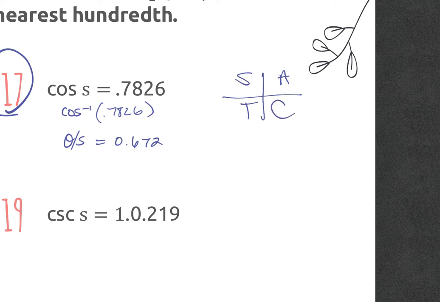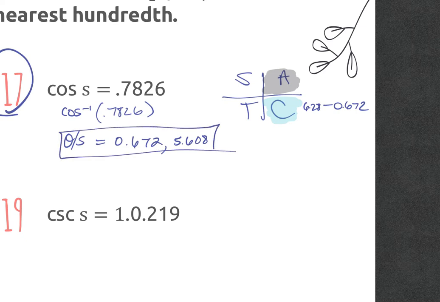Because cosine is positive, we're looking for the angle in the first quadrant, and we're looking for the angle in the fourth quadrant. So I'm going to do 6.28 minus the 0.672 to get the other angle. And I get 5.608.